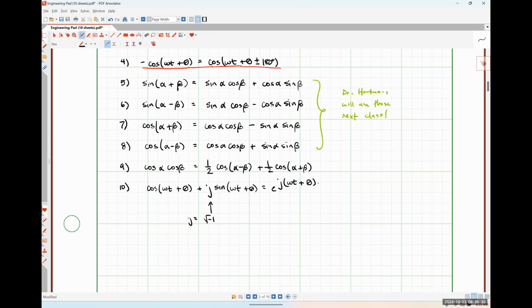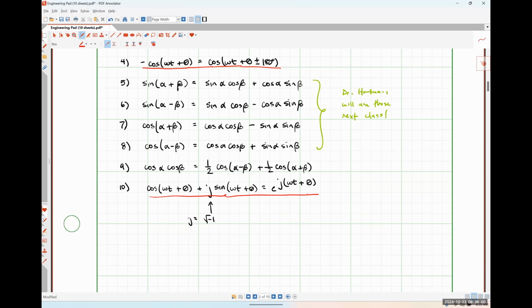So this rule effectively tells us how sinusoids are related to complex numbers. And this guy right here is another one of those critically important things. So those are the 3 out of the 10 that I really expect you guys to know by the end of this class.